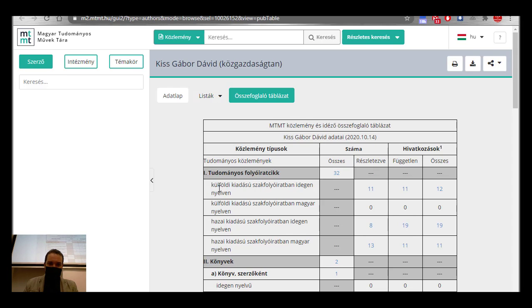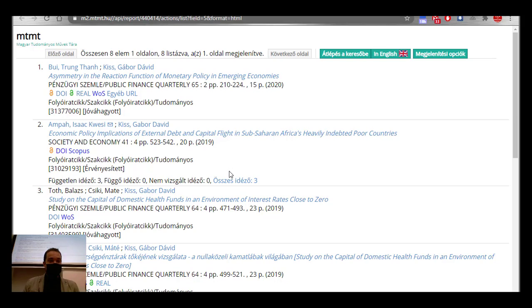Okay. There is a foreign journal article in a foreign language, I can understand that. Hungarian journal in a foreign language, I can understand that. Hungarian journal in Hungarian language. But now they created a new category: foreign journal in Hungarian language. Come on, outside Hungary, who reads Hungarian? Nobody knows this language at all. So, okay.